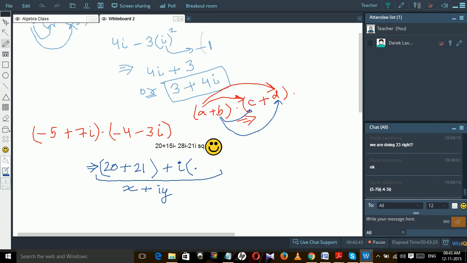Always try to present your answer in the standard form only, or you can use negative sign here. I'm just avoiding it for now. So iota, that comes out to be 28 minus 15, that is minus 13. So this is your answer.